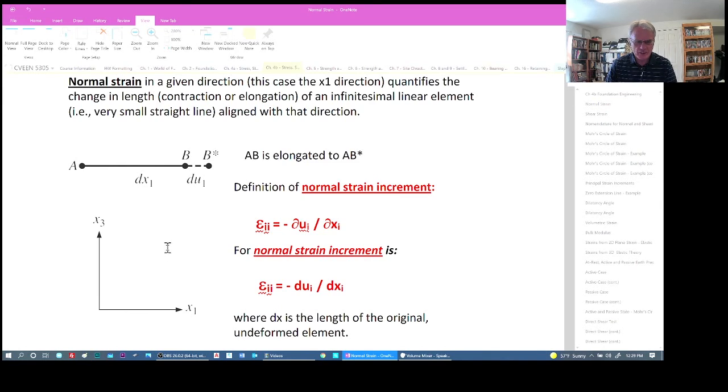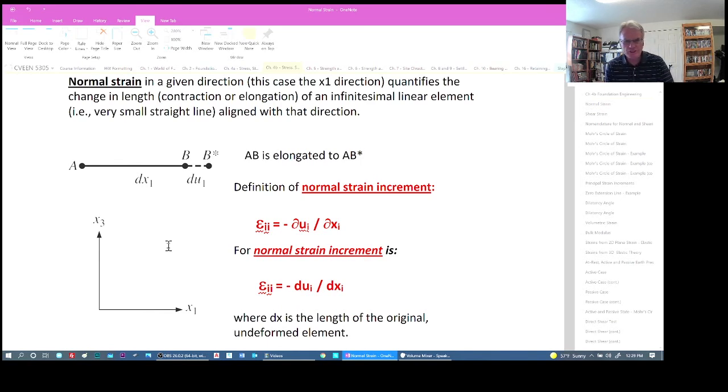For the x1 direction, we'll define a change in displacement going from B to B primed, where in this case there's elongation happening in that direction. We'll call that du1, meaning the change in position with respect to x1, and the original length we could call just dx.